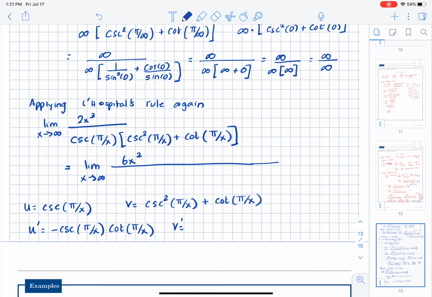V prime, it's cosecant squared pi over x. Derivative of cotangent pi over x is negative cosecant squared pi over x.